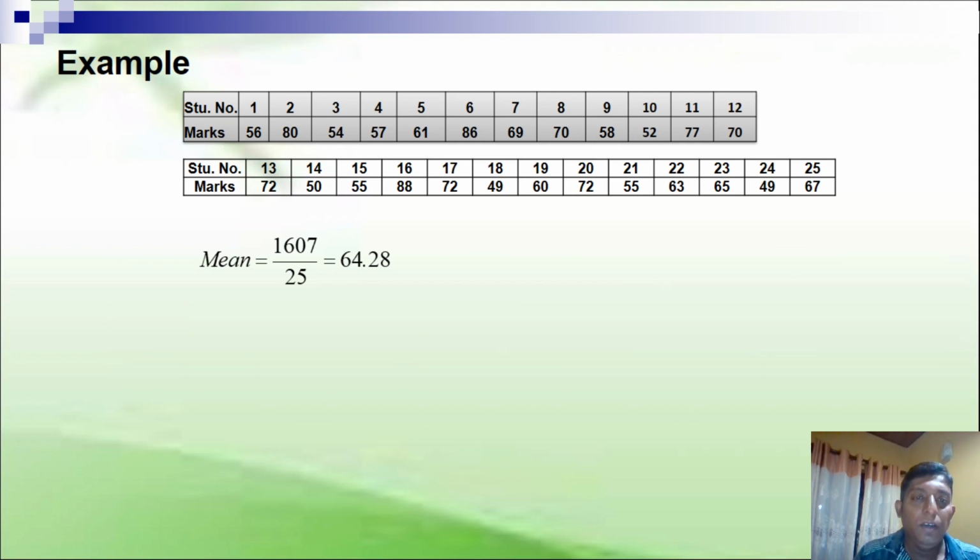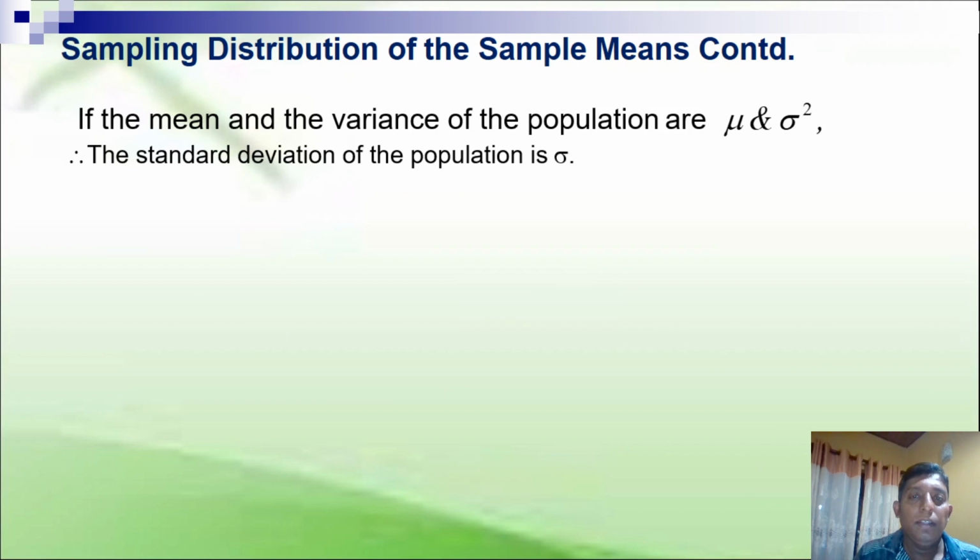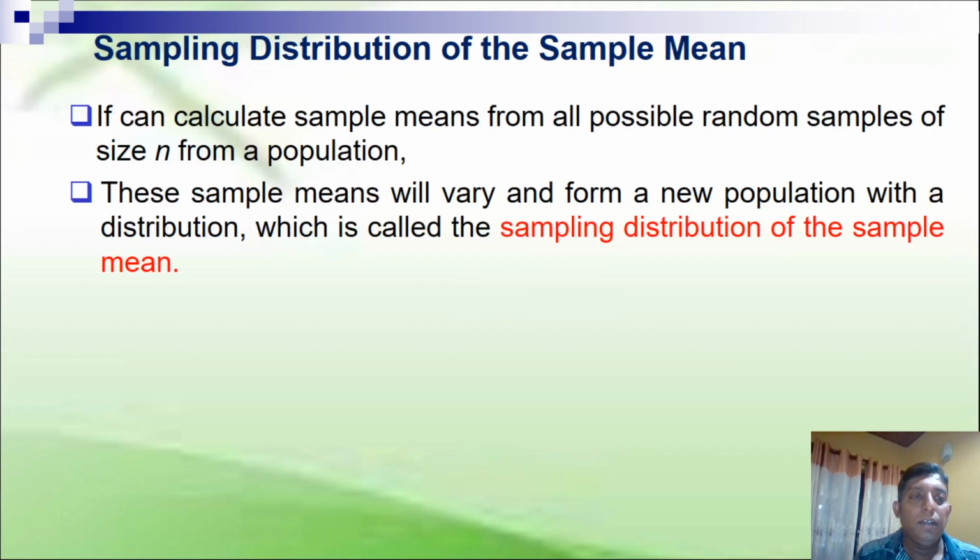That means when you go back to this one, for the sampling distribution of the sample mean, we can obtain several samples of the same size n from the population. Then we can calculate the means for all the samples we obtain from the population. Those values will form a new population.